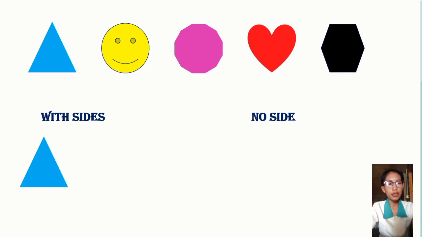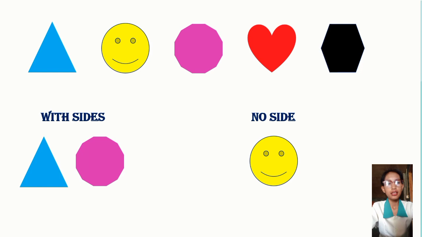Ang next natin is yung circle. Saan siya mapupunta? Sa no side or sa with side? Correct. Pupunta siya sa no side. Ang next natin is dodecagon. So, ang dodecagon ay isang shape ng polygon. So, saan siya mapupunta? Sa no side or sa with side?